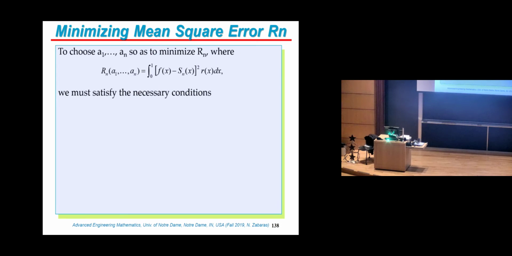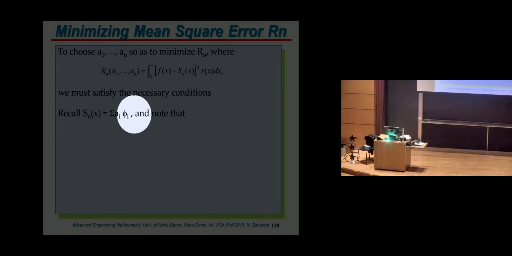So rather than saying here is my expansion and I'm going to keep the n terms, I am going to take a combination of these functions phi i with some coefficients alpha i, and I want to find the coefficients alpha i that minimize this square error.